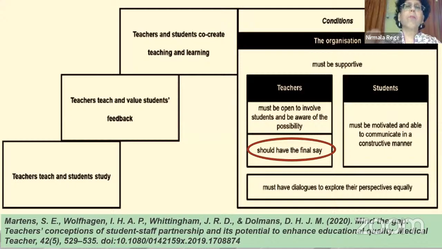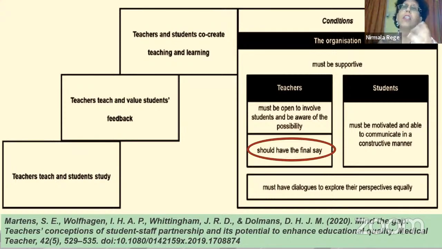Now, once someone says the teacher should have the final say, it is contradictory to the entire concept. Because when we say partnership, both parties are equal, or they have their own expertise and that's why they are collaborating. But in a partnership, if one party says the teacher should have the final say, they have a reason: ultimately, who will face the management?